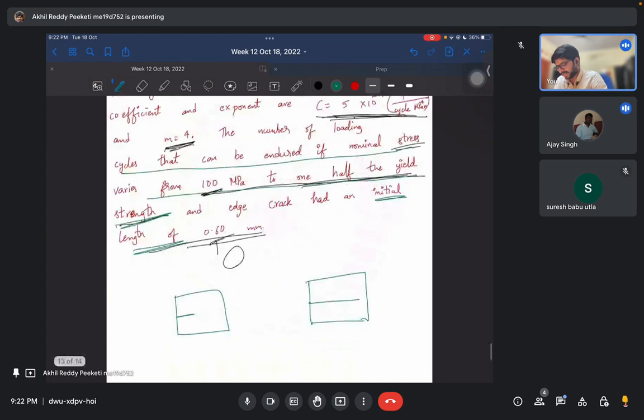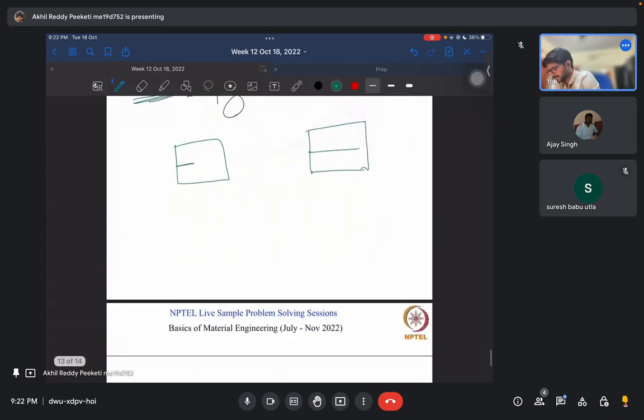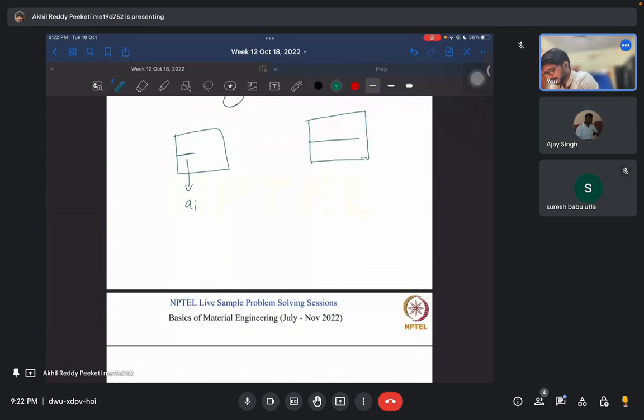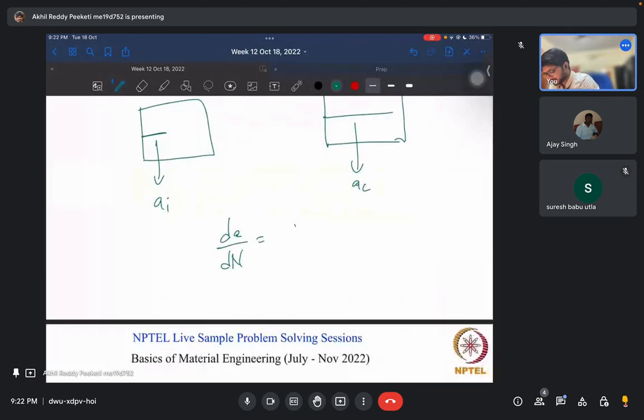We need to first calculate the critical crack length a_c. This is a_i and this is a_c, and the Paris law relates how much this crack is growing with the cycles.